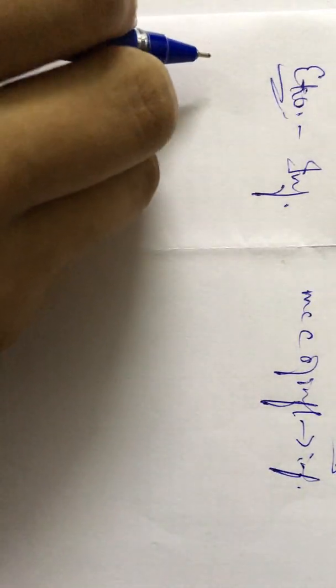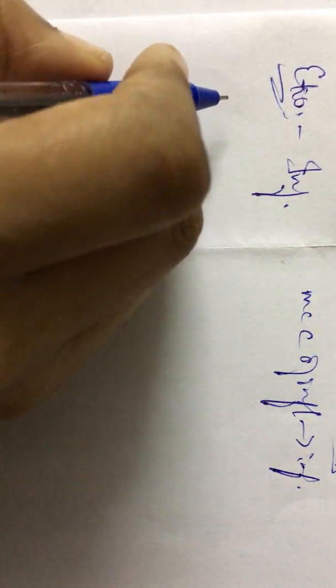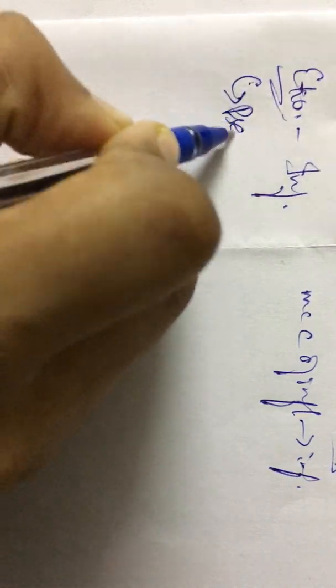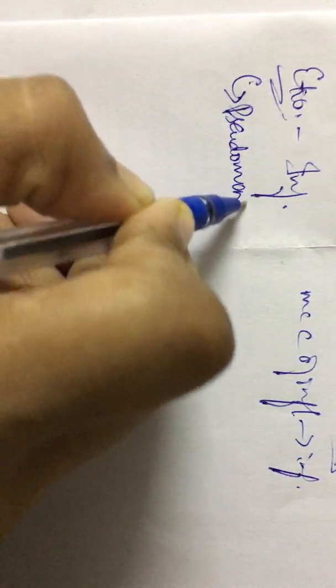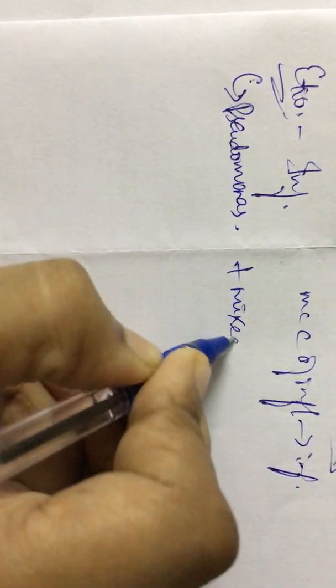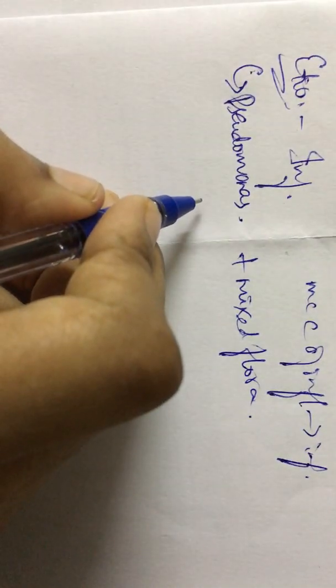So what infection do you think it can be? The infection is due to one organism mainly. The organism causing it is Pseudomonas aeruginosa. In addition, there can be a mixed flora as well, but mainly it's going to be Pseudomonas.